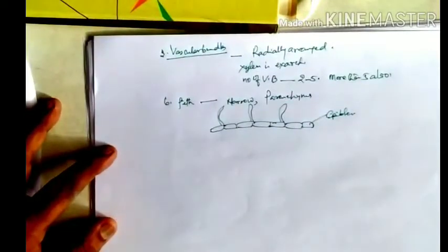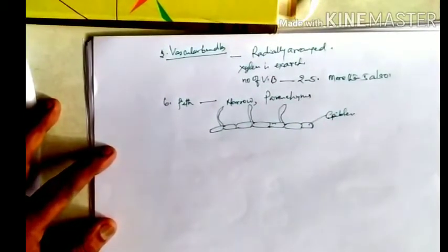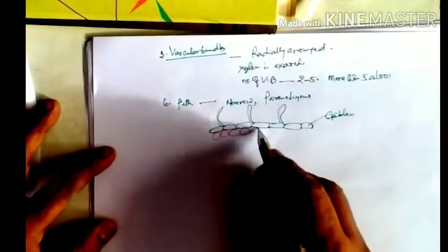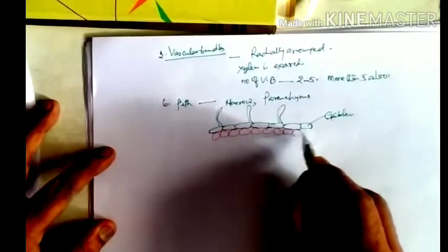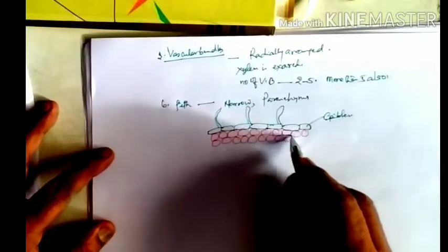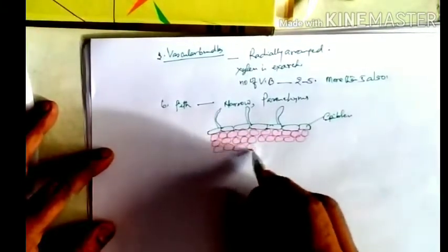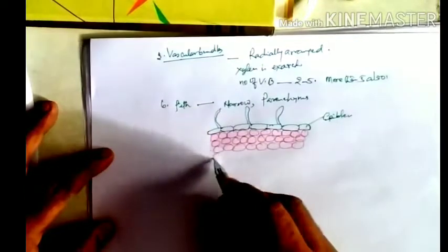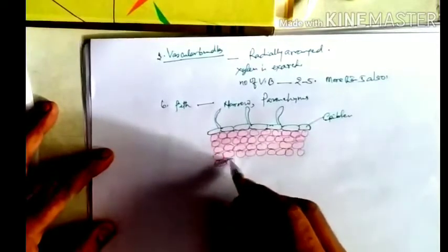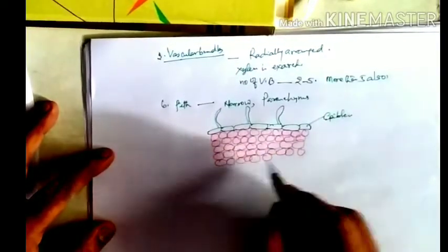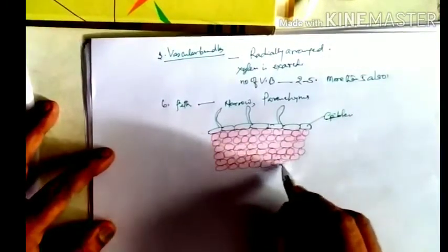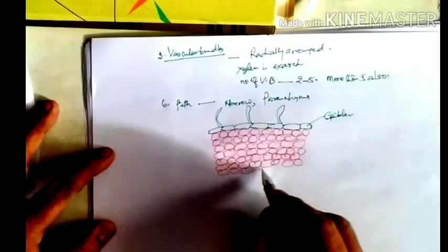And the next is the layer of cortex. In older roots, the outer layers get cutinized. These are the layers of the cortex that I am sketching, parenchymatous in nature.